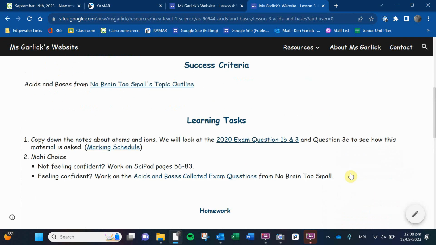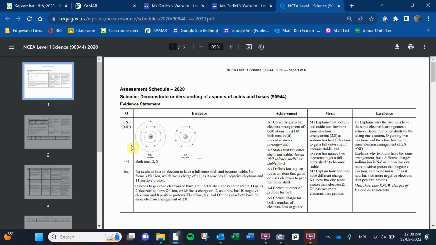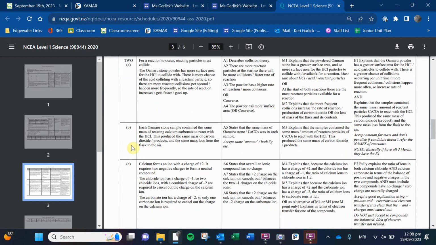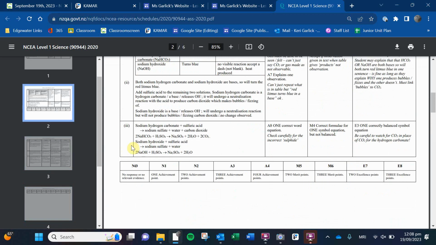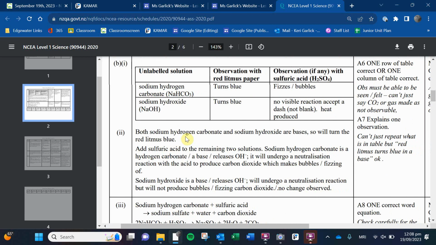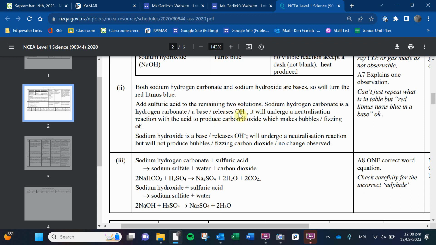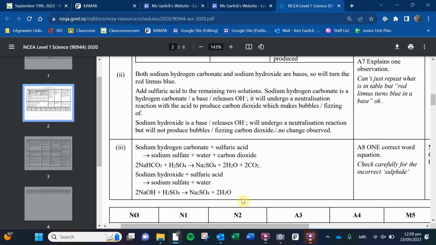That's the last question. There's the marking schedule. So we want to go to question number 2. Oh, here's question 1. You see how this one they're talking about the observations, and then they're doing that compare and contrast of the two different bases. And then here are your equations.